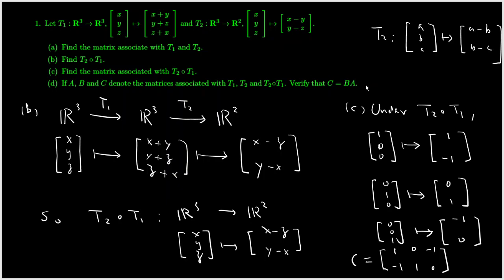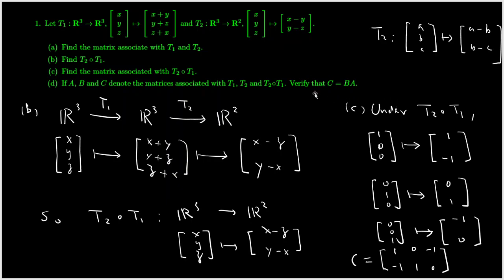That's why we define the multiplication of two matrices in that way, just because we want to make BA the matrix associated with the composite of the two linear maps. If you can get that, then it's better. If you do not get that, it's okay.